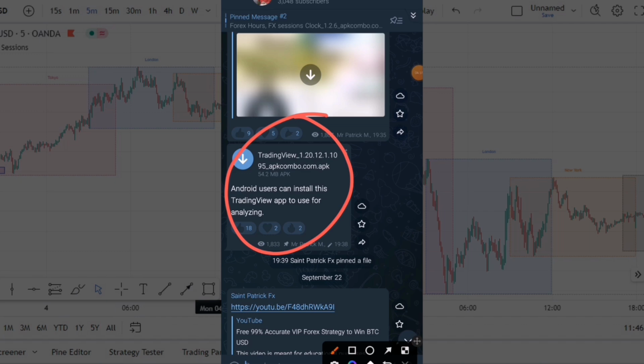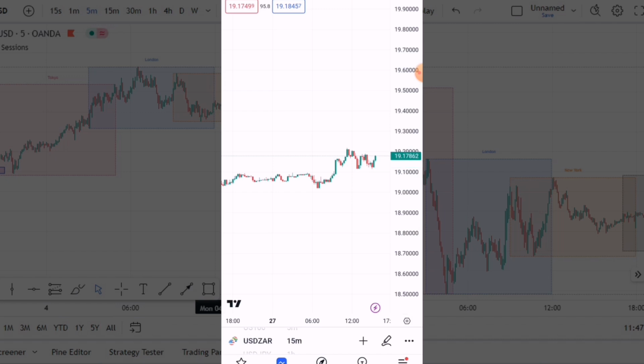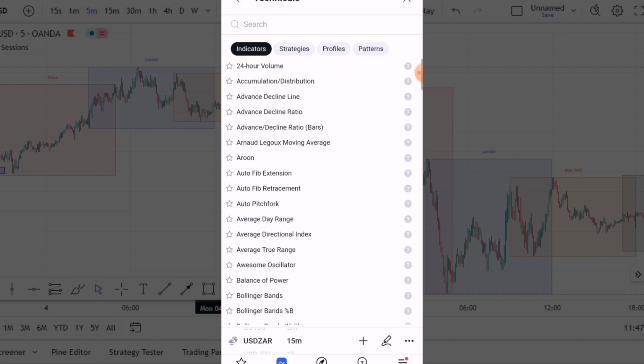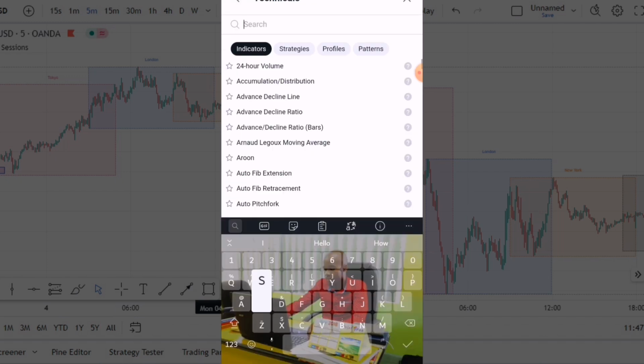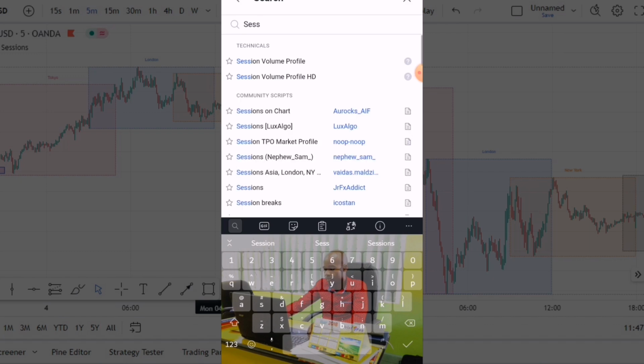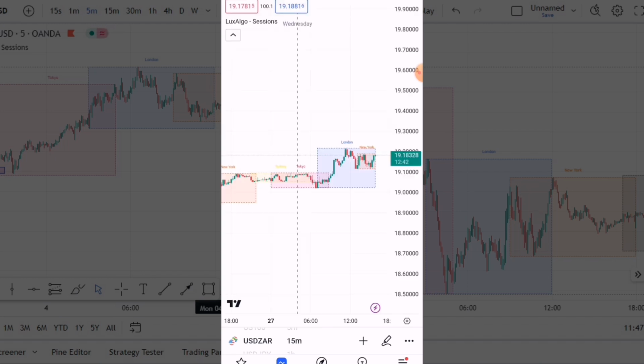Download it, install it, and open yourself a free account on TradingView. Once you have opened it, go to the plus sign at the bottom, go to indicators, and on indicators you have to search for sessions. Select that one, sessions by Lux Algo, and then there you have your sessions indicator.